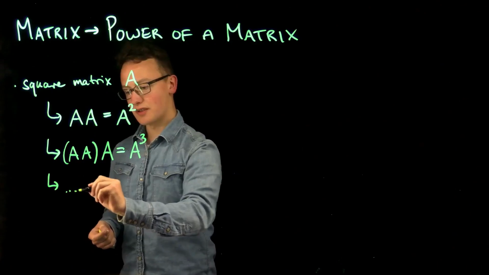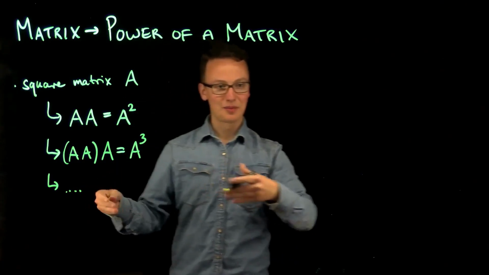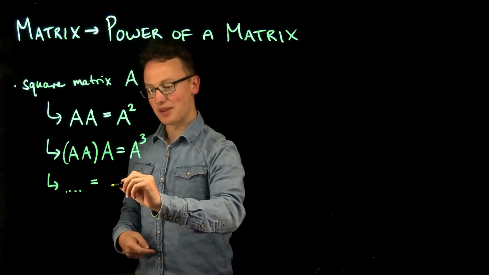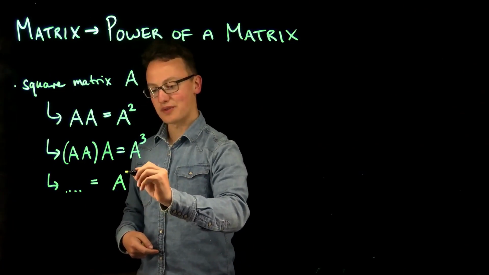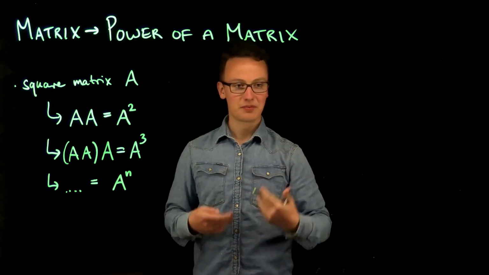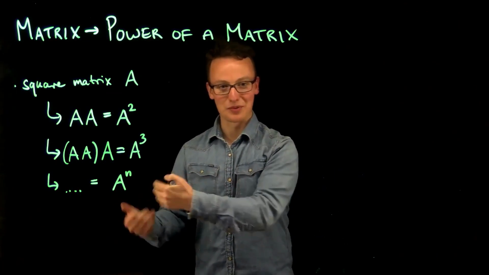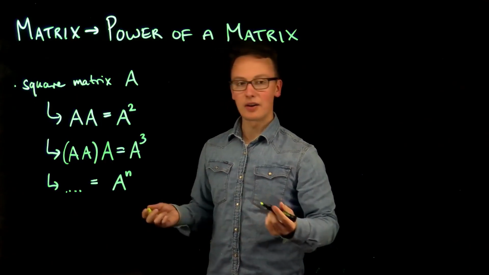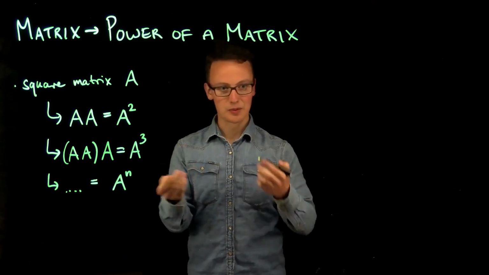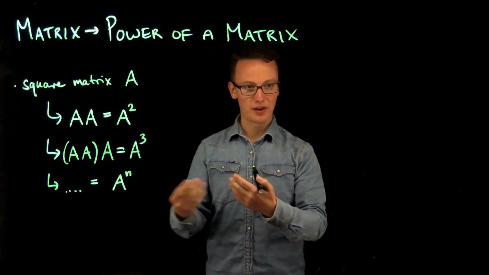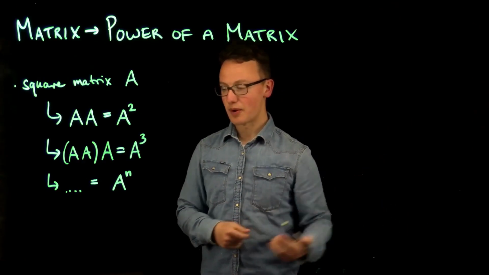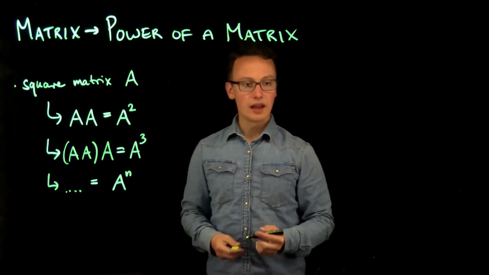So we could do this for any repetition of multiplications that we like, and the result will then be A to the power of some number n, which describes the number of times we have multiplied the matrix with itself. Now, we can do this only for square matrices, obviously, because otherwise the multiplication condition wouldn't match up, that the number of columns from the left one has to be the same as the number of rows from the right one. So that's a constraint.